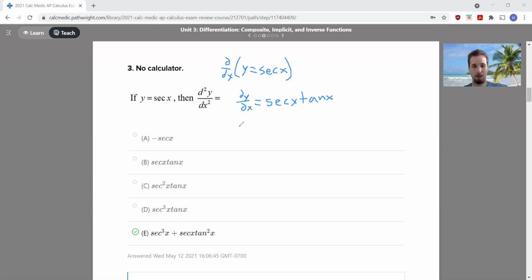Now, when we take the derivative again, we have product rule. So, the derivative of secant is already secant tangent, multiplied again by tangent.